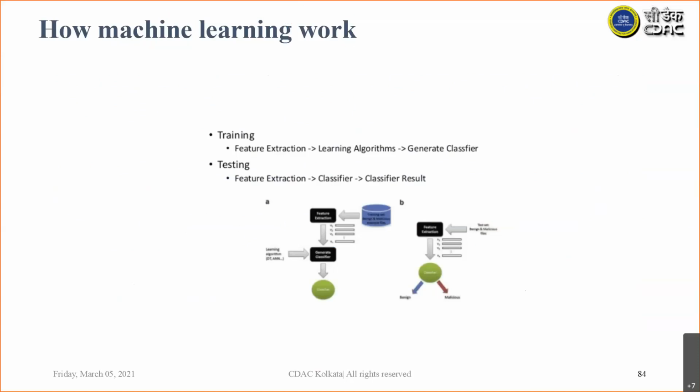You can use learning algorithms, and you can develop your model or classifier. Whenever a testing file or an unknown file comes, you extract the features that have been used to develop the model, and after extracting the features, you feed those features into the classifier, and the classifier will automatically give you the result whether it is a benign file or a malware file.